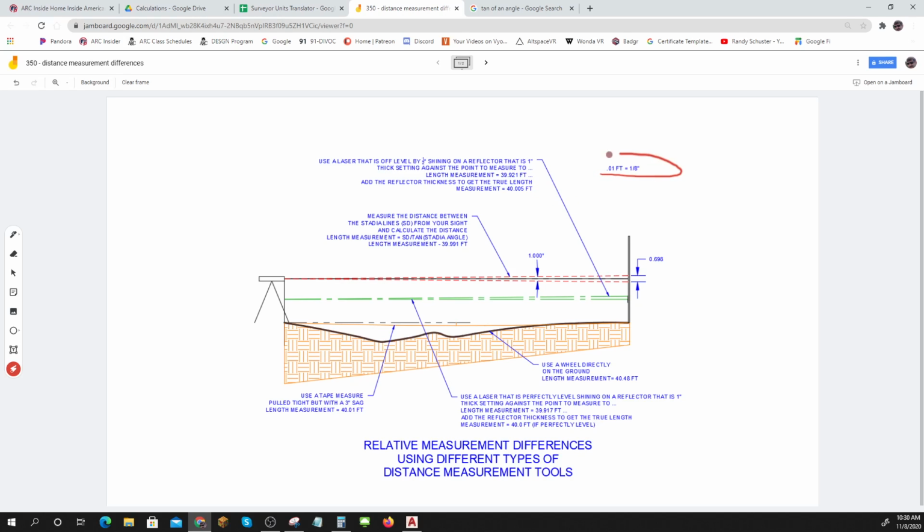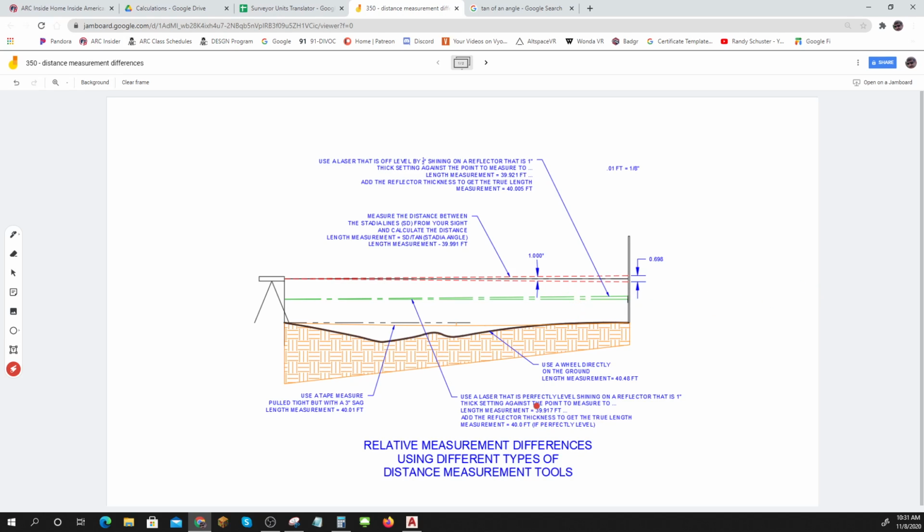Okay, and so that's going to be off by about 1/8 of an inch. So you're level, and the farther I go, the more it's going to be off at a given angle.